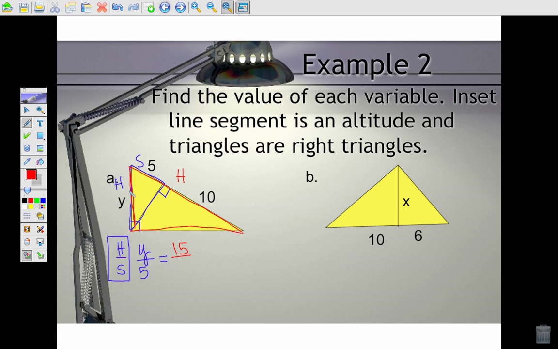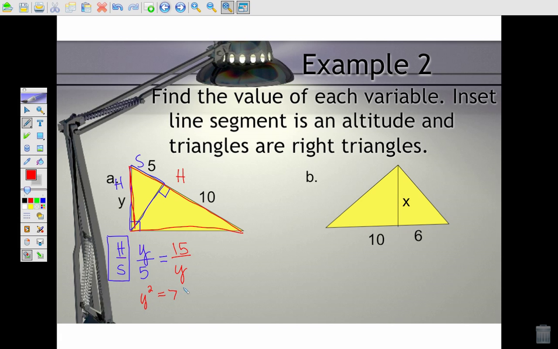So I can add those together and get 15. And now I need the short leg. So do I have the short leg of this triangle? And that would be y. Since it's not a new variable, it's a variable that I'm already using, I can go ahead and use it again. And we can easily solve this.